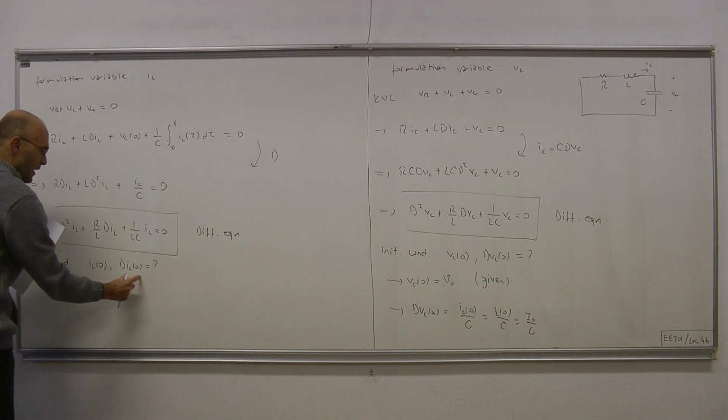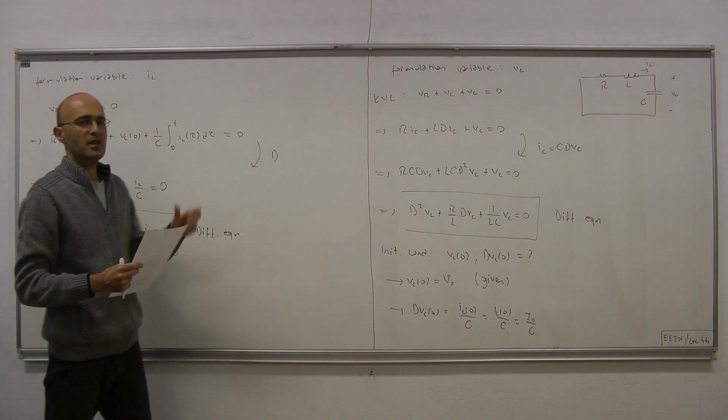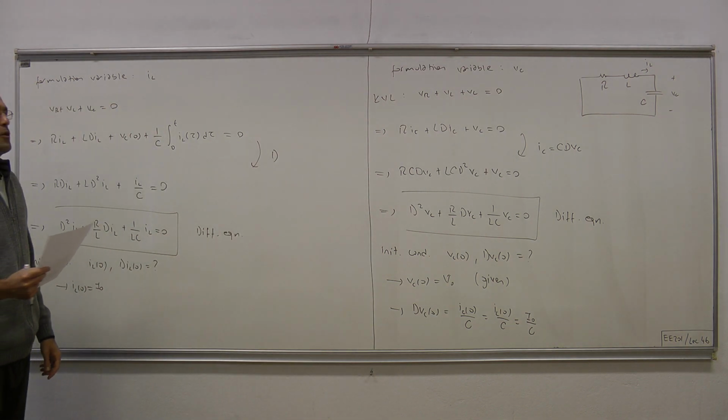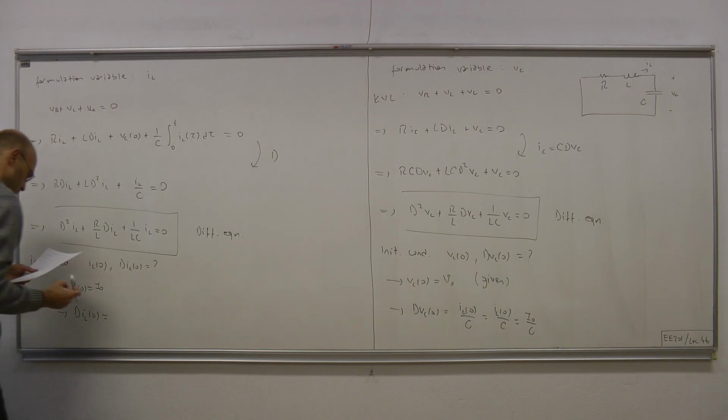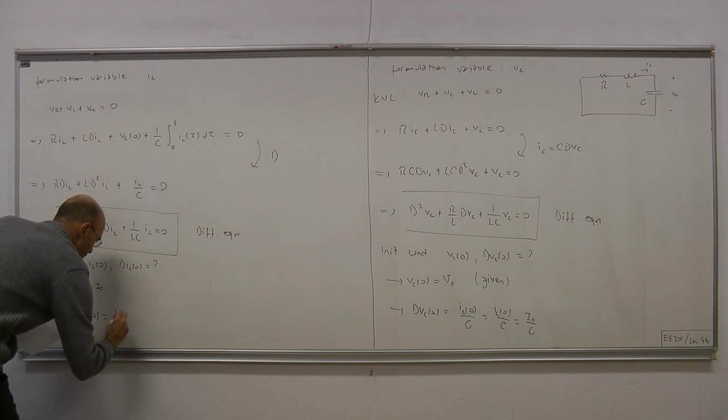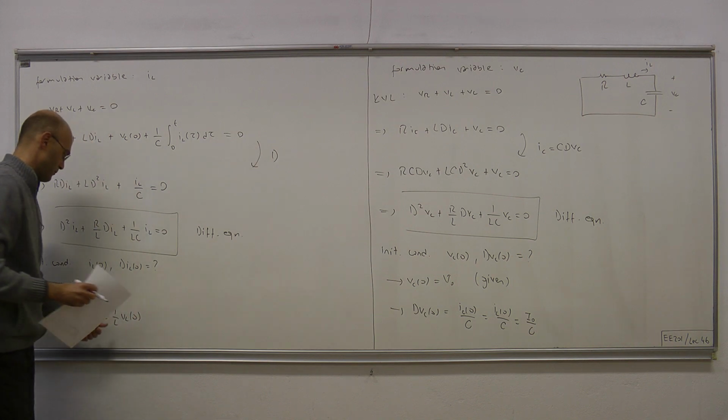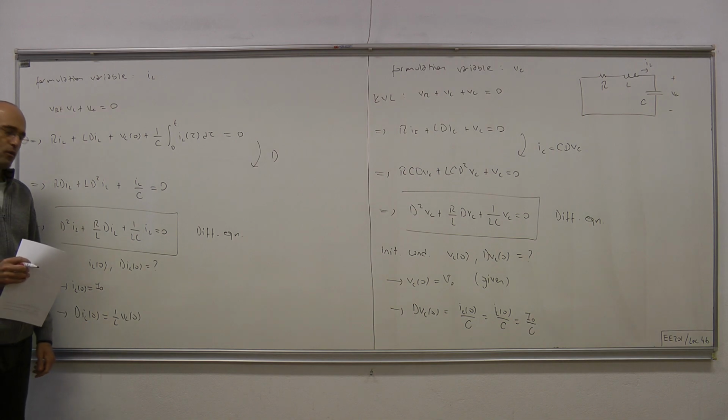And we have to figure out the dIL(0) from the given information, namely IL(0) and VC(0). So let's do that. dIL(0) equals 1 over L VL(0). What we did, we used the terminal equation for the inductor.